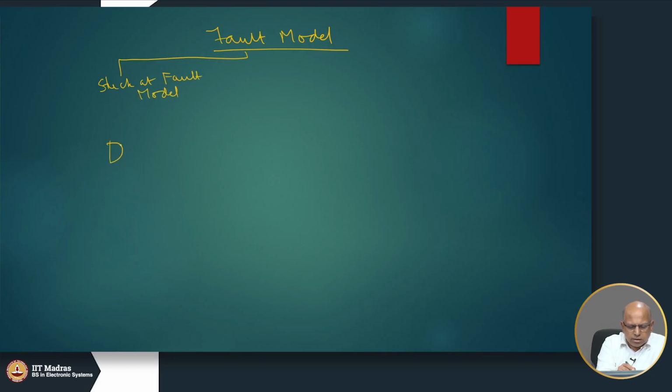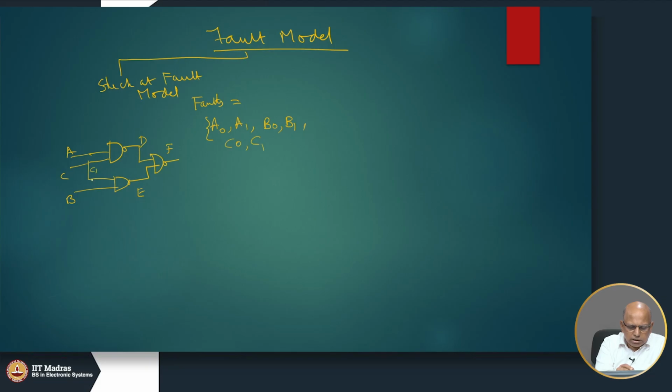So, if you go back to this circuit here, the stuck-at fault model says the list of faults could be A stuck at 0, A stuck at 1, B stuck at 0, B stuck at 1, C stuck at 0, C stuck at 1.